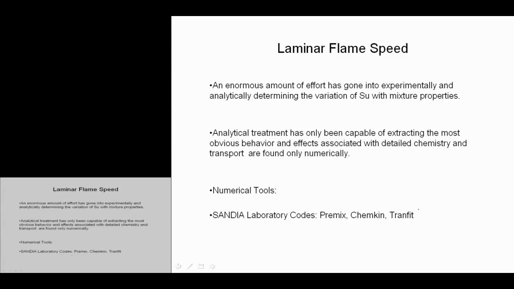The most common in the combustion community are the Sandia laboratory codes: Premixed, Chemkin, Tranfit. They're managed now by a company called Reaction Engineering. It used to be called the Chemkin package, and if you search online, that's how you might still find it.